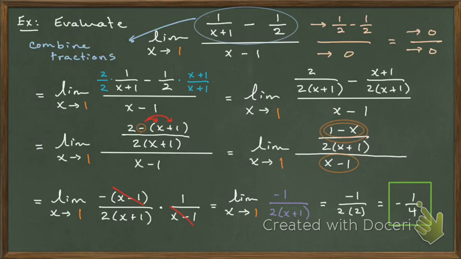So the last two examples are the other two usual potential outcomes, with rationalization or looking for a common denominator. I encourage you to work through more examples of these. There are loads of online resources for you. Practice more.